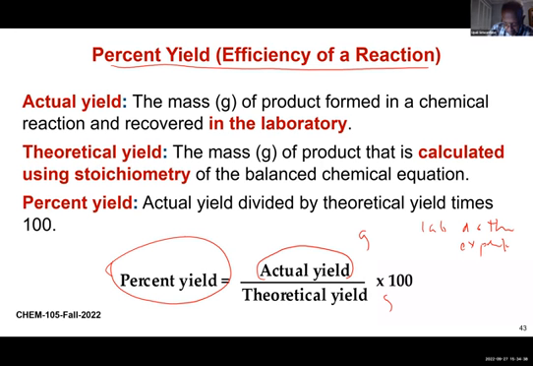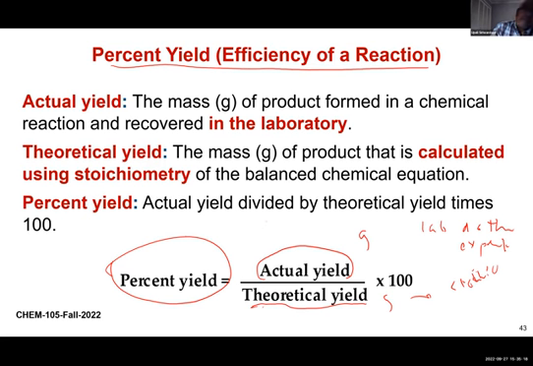That's the actual yield. Theoretical yield is the stoichiometric calculation, as we have done here. You start with grams of reactants and just think about how many grams of product you get.